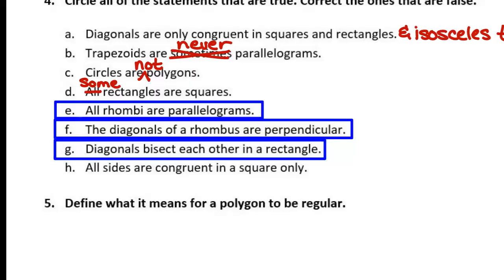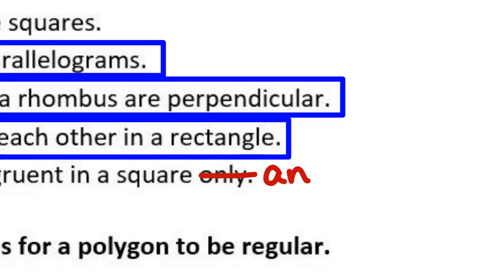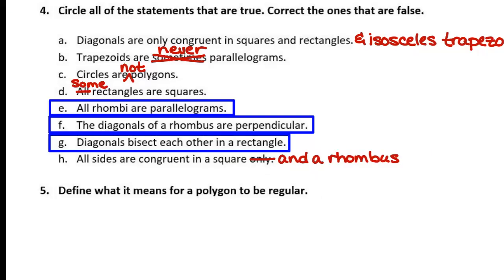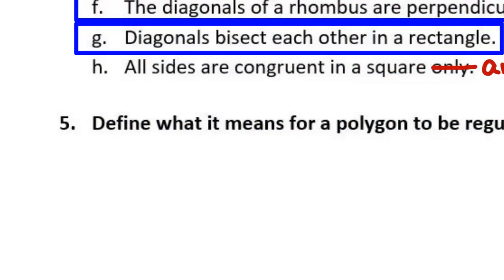All sides are congruent in squares only. They're congruent in a square and a rhombus. So that last one is false because you also have to include rhombi there. Number 5, define what it means for a polygon to be regular.